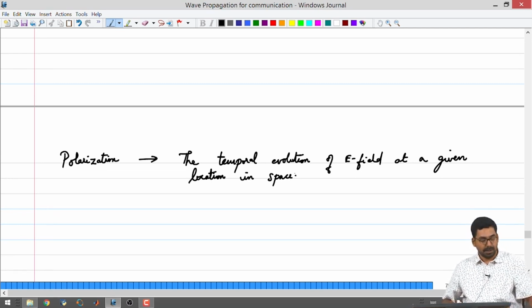At a given location in space with respect to time, what happens to the direction of the electric field is called polarization. Okay.